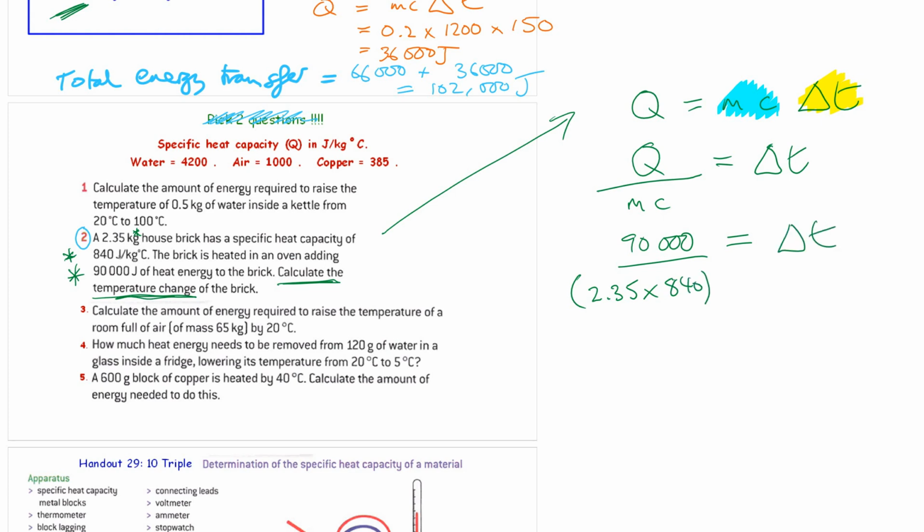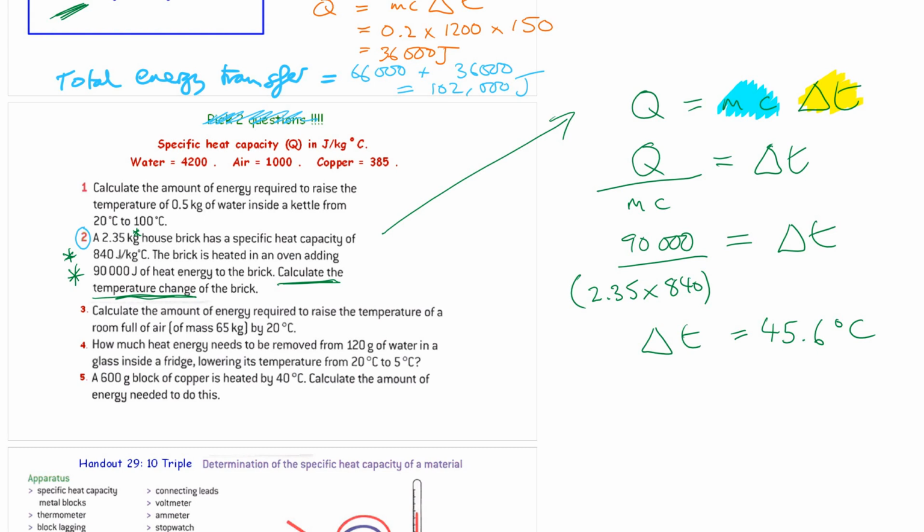So the temperature change equals just a nice simple calculation now. And you get quite a long answer now, but to one decimal place, it's 45.6 degrees C. That is the temperature change.